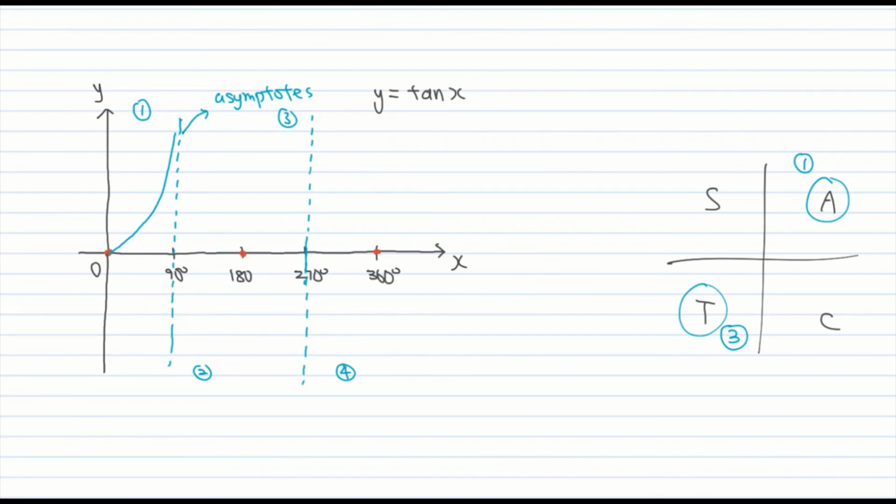It curves, reaches 180, and it goes up because it's positive in third. And the last one, it will be like this. Fourth quadrant, negative. So you see, I use the ASTC to help me remember when it is positive, when it is negative. So this is how I use the ASTC to draw the tangent graph.